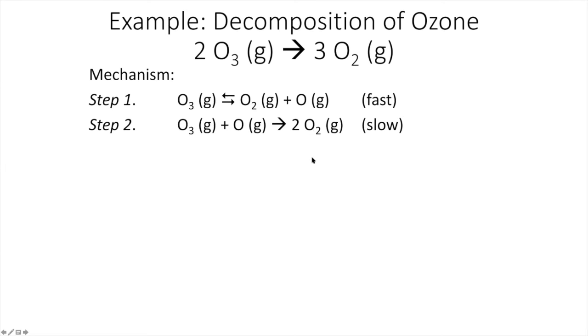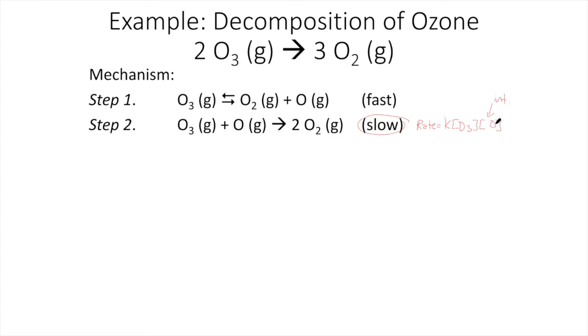So once again, if we wanted to write the rate law, it would be based on the slow step. It's going to be the rate constant times the concentration of each reactant, so O3 times concentration of O. But the problem is this also is an intermediate, and I can't have a rate law with an intermediate in it because I can't control this, I can't observe this.